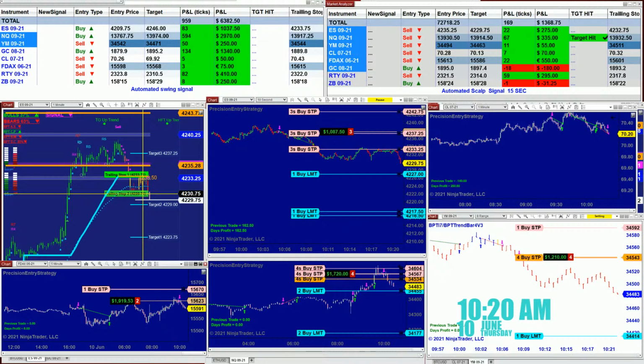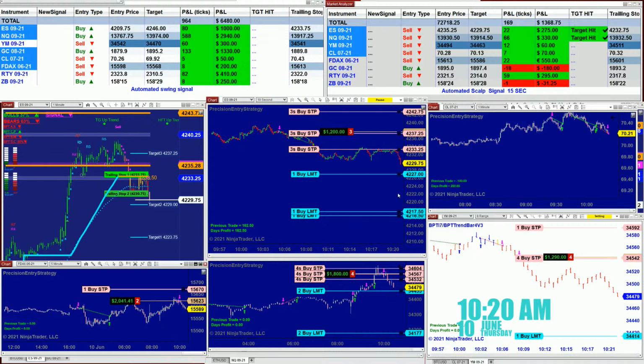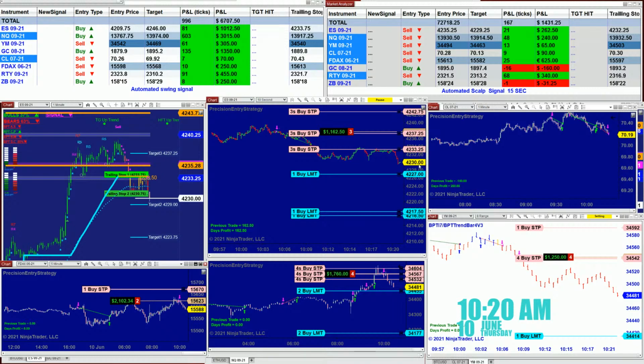And there we go, the 10-second. You can see immediately it jumped to 1200 on that trade. And now the break even at 42.33.25. This is beautiful.